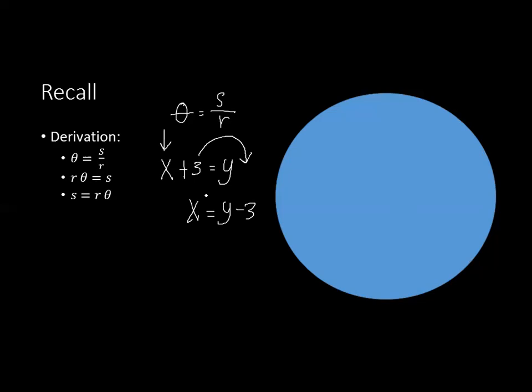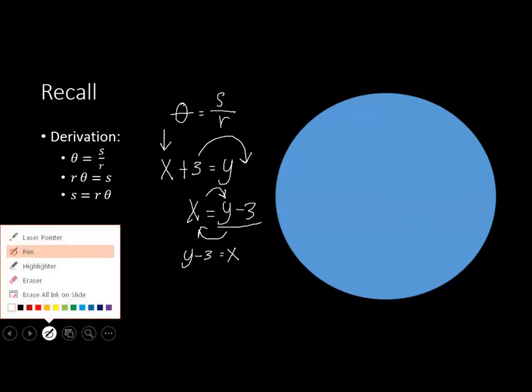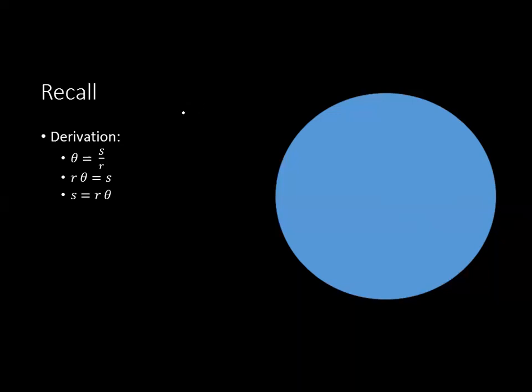And you can actually interchange the position of the left and the right. For example, you want to have x on the right and this side will be on the left. No problem. We have y minus 3 is equal to x. Another example is, let's just say you have z all over y is equal to x.